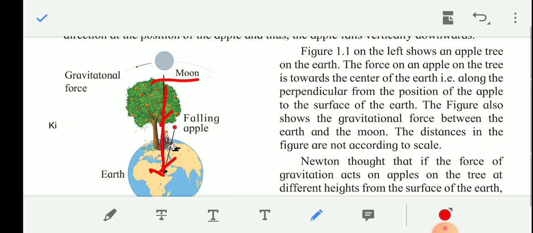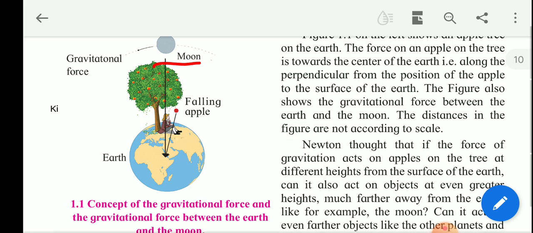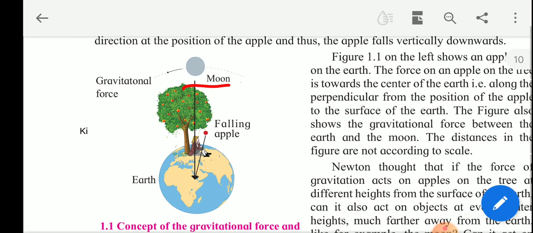In the same way, the apple you can observe over here is falling towards the earth. The force is nothing but the gravitational force.